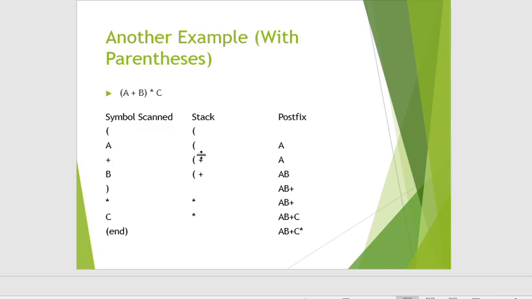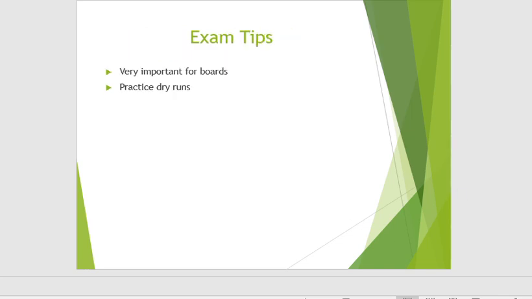Plus will come to stack. When B will be there, B will go again to the postfix. Now brackets have come, so all the operators which are in the bracket will be popped. So there was plus operator, so that is popped, and even bracket will be popped. Multiplication sign, it will remain in stack. C will go straight away to postfix, and then the expression gets over. So all the leftover operators will be inserted one by one in the postfix. I think this is clear to you.